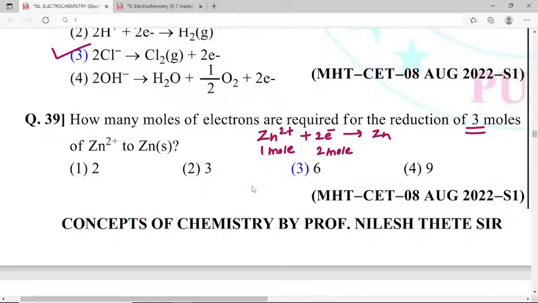If you take 3 moles, this is 3 moles, so 6 moles. This is your answer, 6. For 1 mole zinc, 2 moles of electrons required. For 3 moles zinc, 6 moles of electrons will be required.